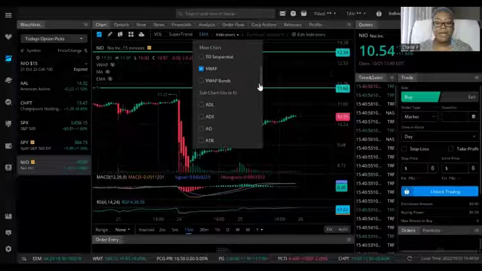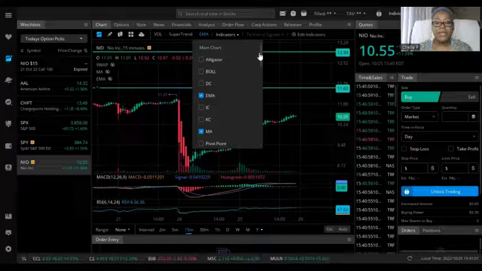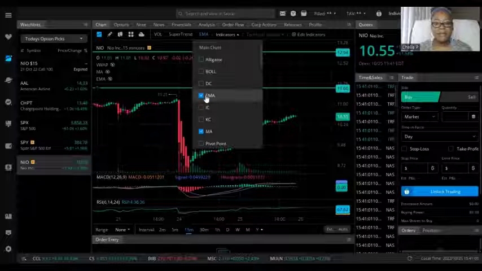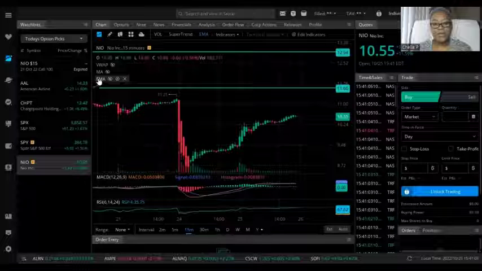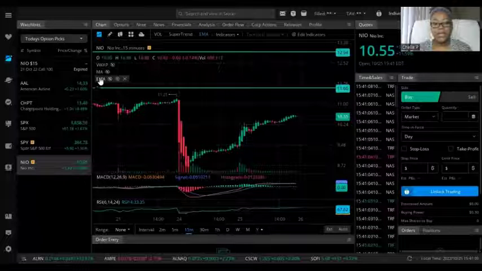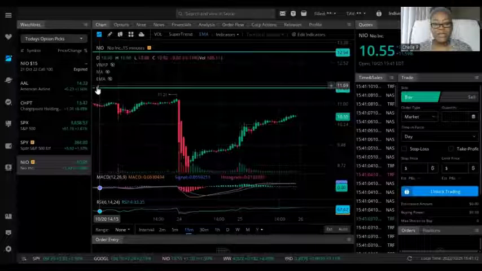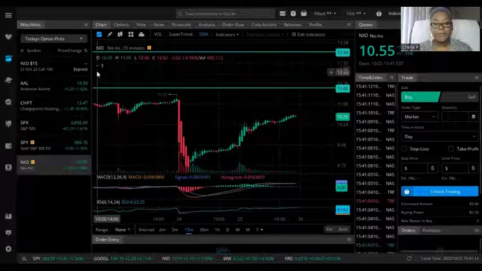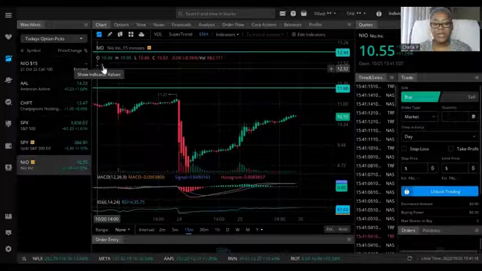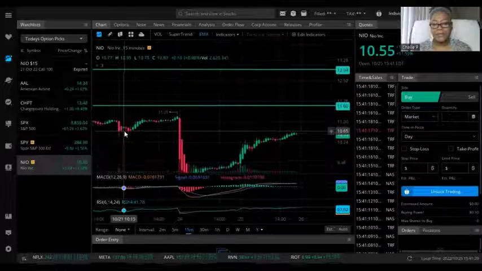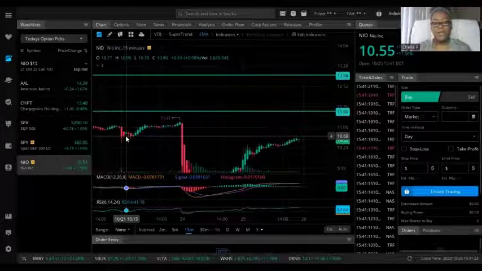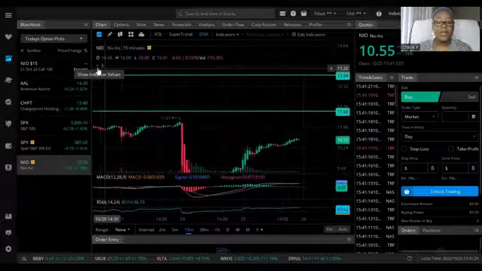So I go in here, click on indicators, and I make my choices, and boom, it puts it on your chart. Okay. And if you ever wanted to just close all of these up, you could hit that arrow and it'll show that you have 3 indicators or studies here on your chart, and that'll clear some space for you, because one thing I don't like is a cluttered chart.